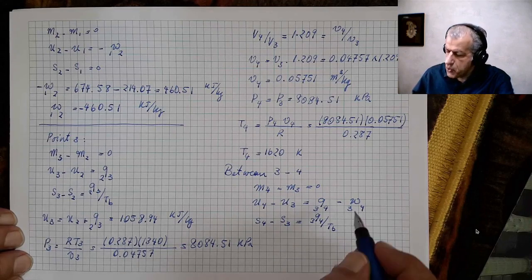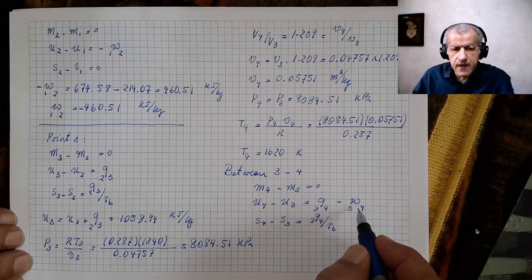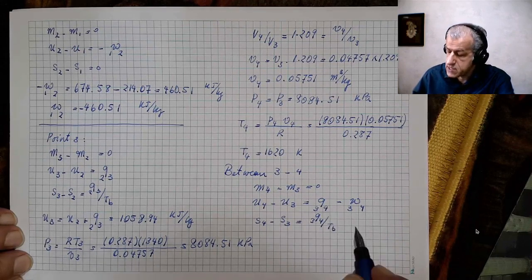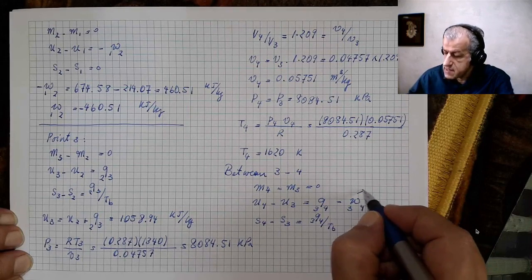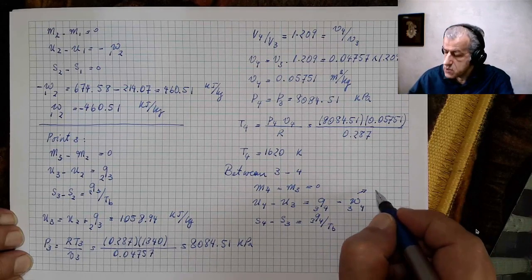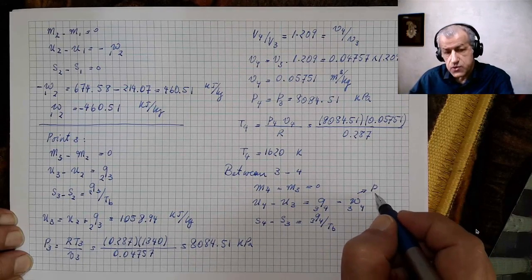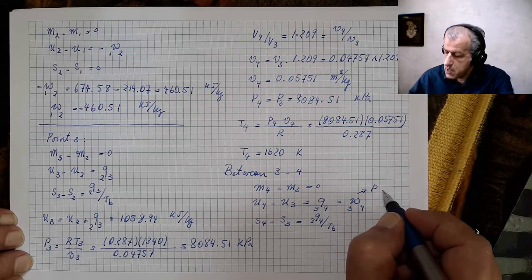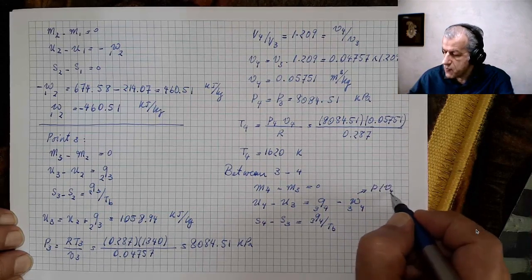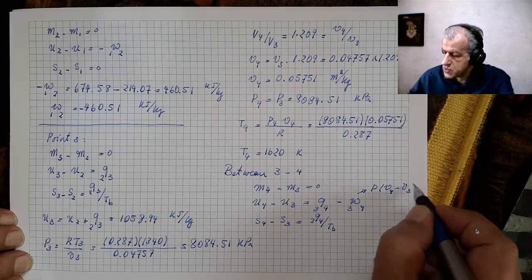Now, the point here is that we have both work and heat transfer. But work is constant pressure work, so it is P, either 3 or 4, times V4 minus V3.